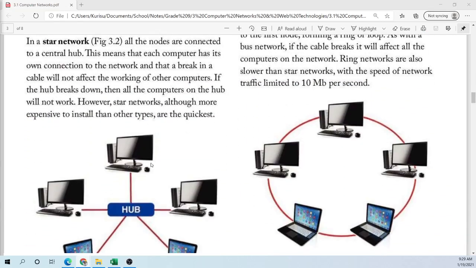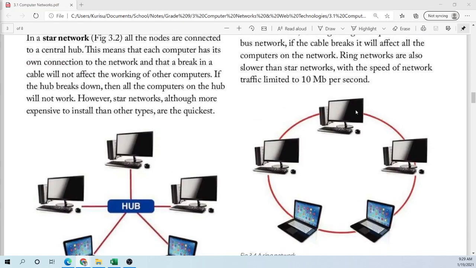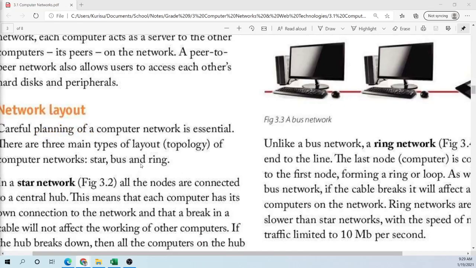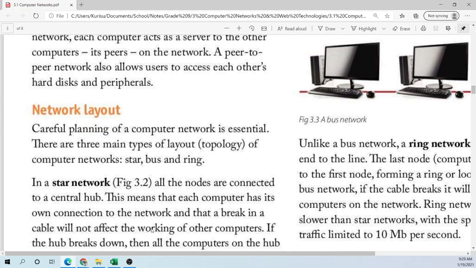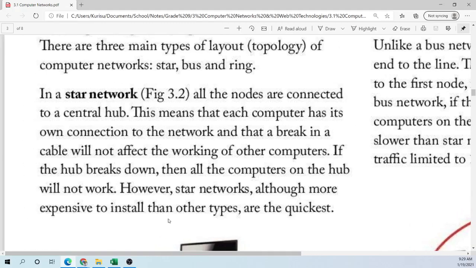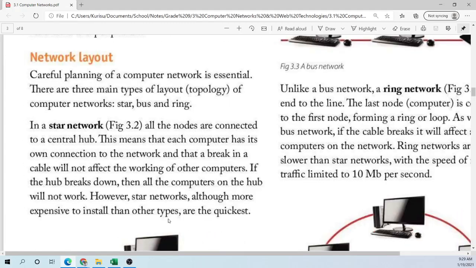And then we have the ring, which is a circle. So all the devices are connected in that ring. So when you're thinking of the network layout and you remember star, bus, and ring, imagine the shape that they have, and that will give you an idea as to the network, how they're configured.